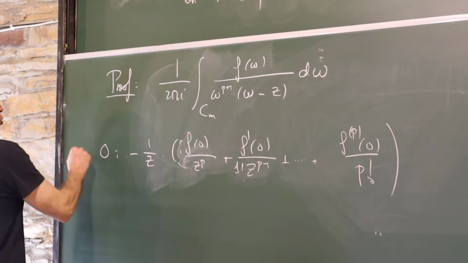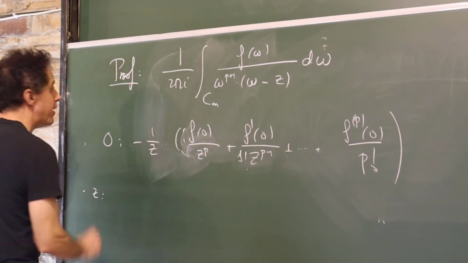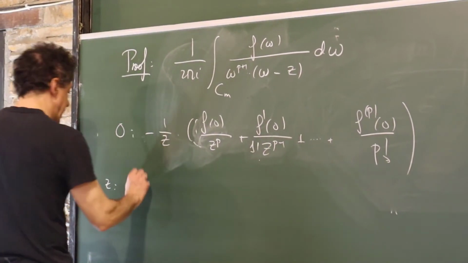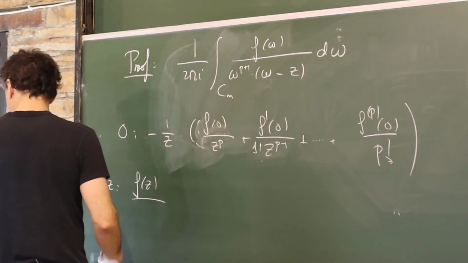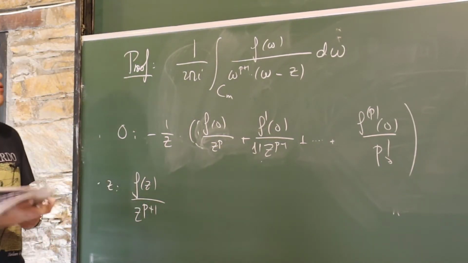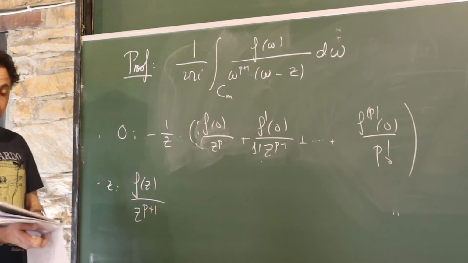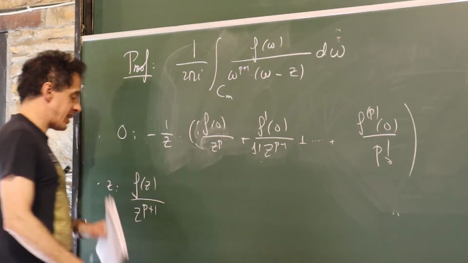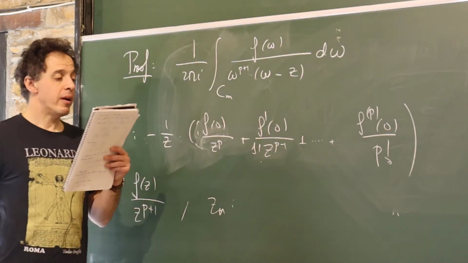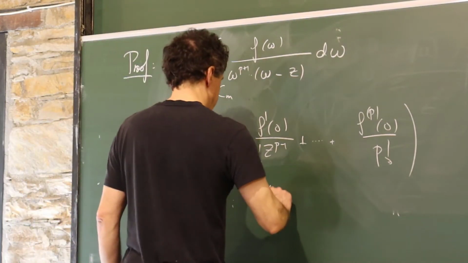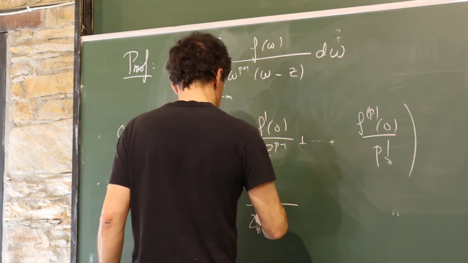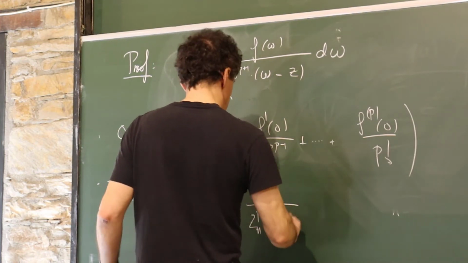The rest of the points are not so complicated, because at z, the residue turns out to be f of z over z to the p plus 1. You take a point z different from 0 and from zn, and at zn, the residue is alpha n over zn to the p plus 1 times zn minus z.